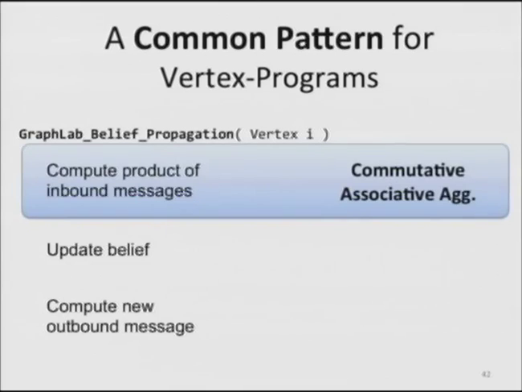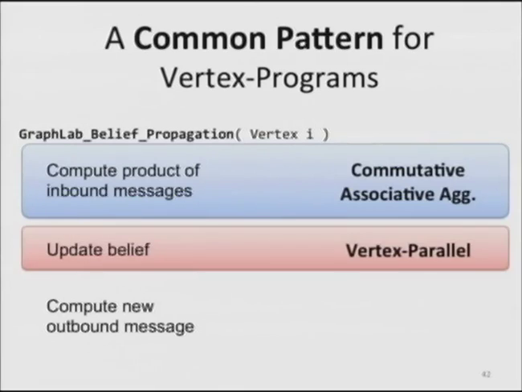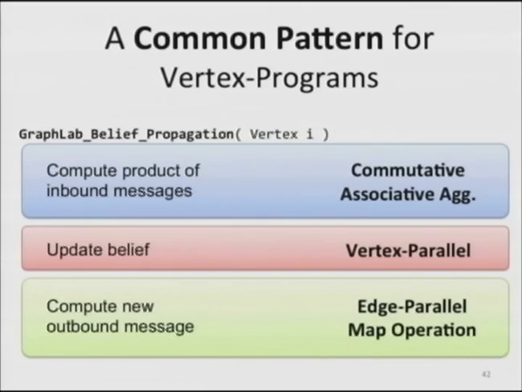So this first operation is a commutative associative operation, and we can exploit that commutative associative structure to transform the graph. Then after we've received this message or the statistics from neighboring vertices, we update our vertex state. And now this doesn't depend on neighboring vertices, and this is entirely data parallel at the vertex level. And finally, when we compute these messages to neighboring vertices or trigger neighboring vertices for future computation, that operation itself is edge parallel.